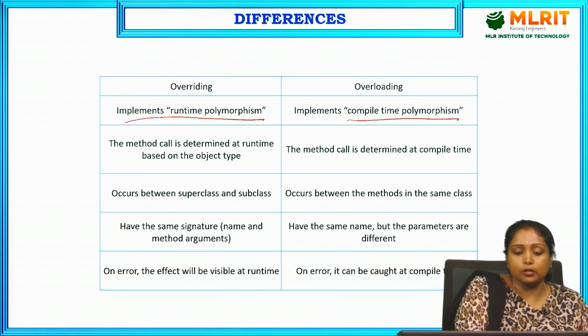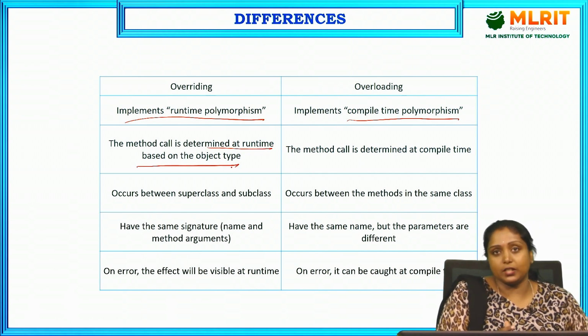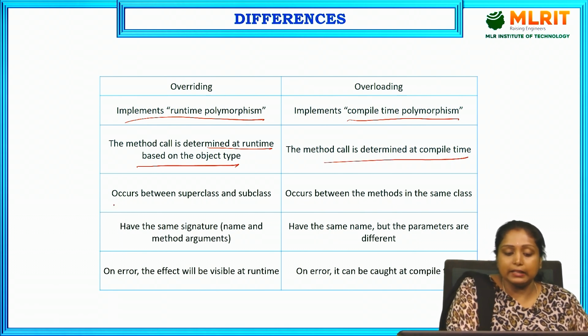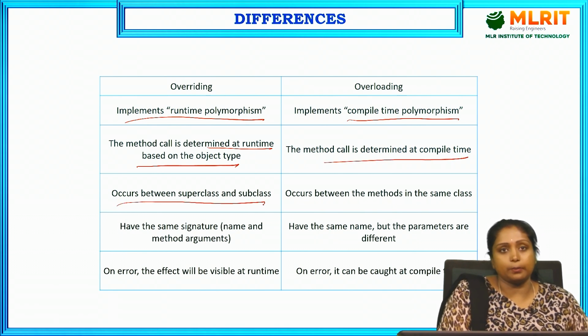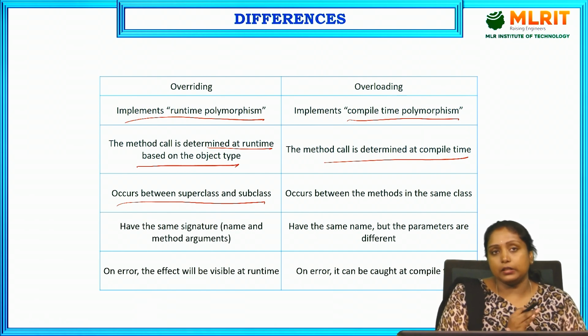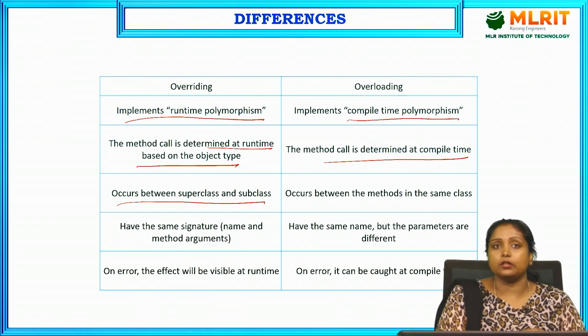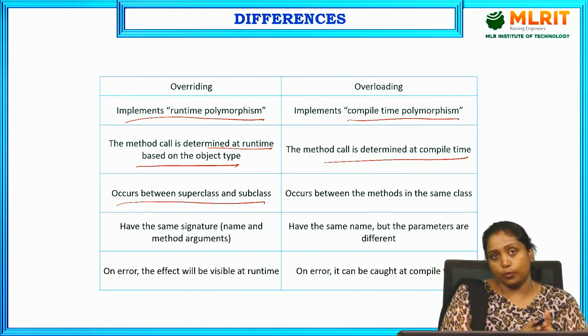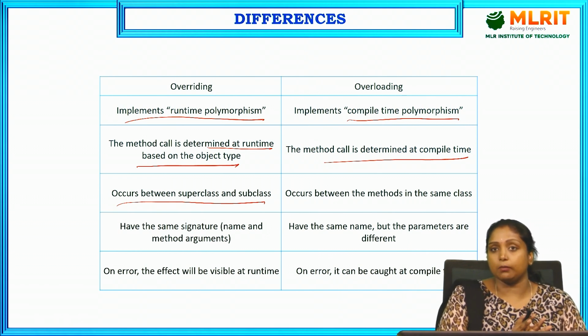So the method call is determined at runtime based on the object type in overriding, whereas in overloading it depends on compile time. Overriding occurs in superclass and subclass. In order to use method overriding, you have to write down the same method in the superclass as well as the subclass, which is nothing but parent class and child class.